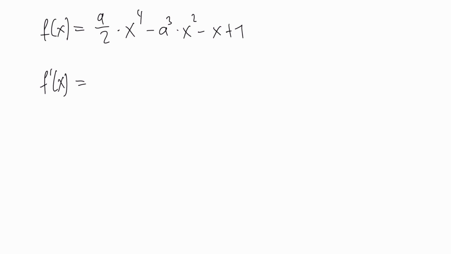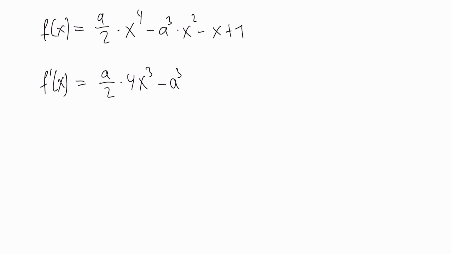So as I said before, we put the exponent in front of the x and subtract 1, which leaves us with 4x to the power of 4 minus 1, which is 3. So 4x to the power of 3 minus a to the power of 3, which we treat like a constant, so nothing happens with that.